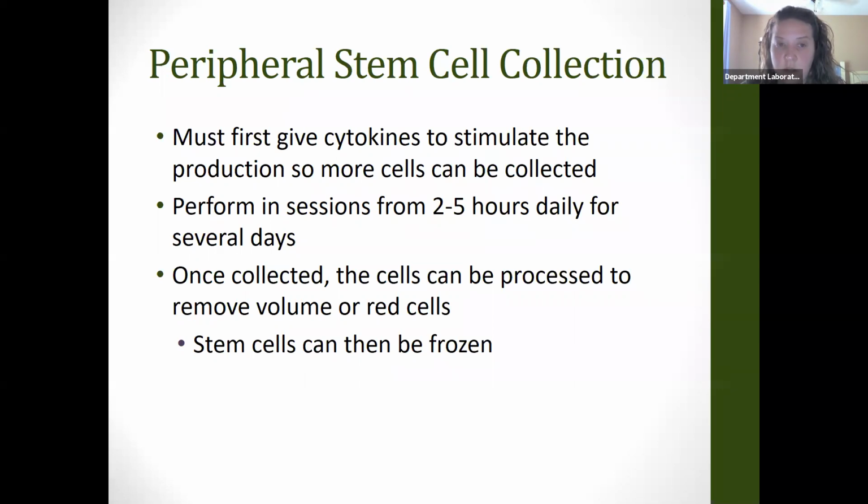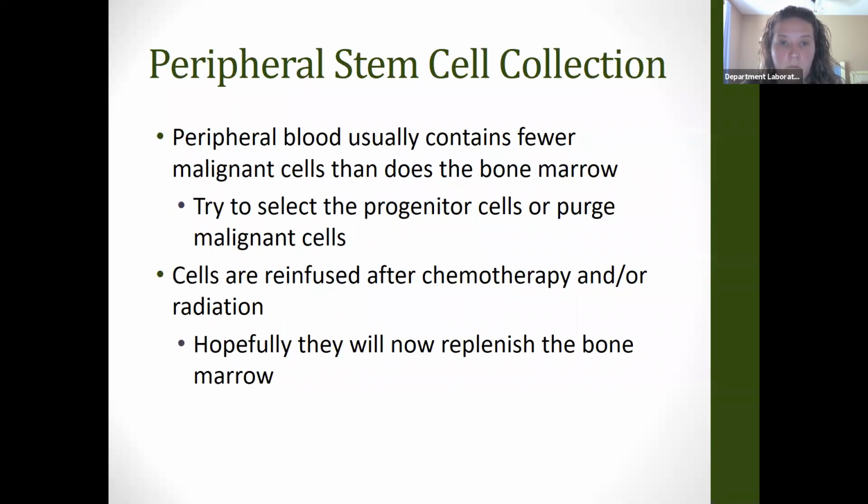And that's just what I mentioned, those cytokines to stimulate the release of those stem cells, because we're collecting these stem cells from the peripheral blood circulation through apheresis. And like I mentioned, they'll be frozen. So usually what happens when those stem cells are transfused back, they will help stimulate normal cell growth in the bone marrow.